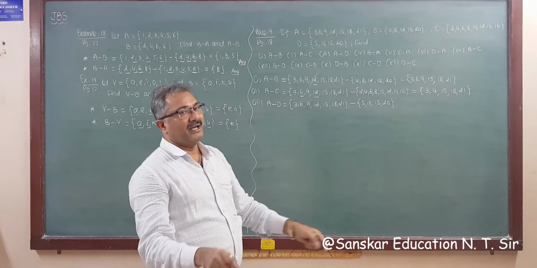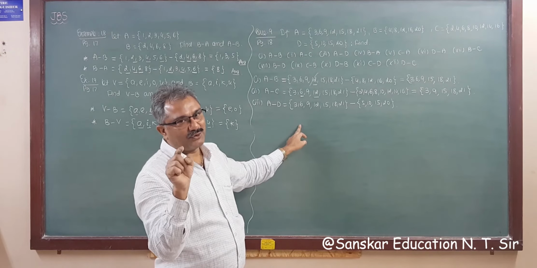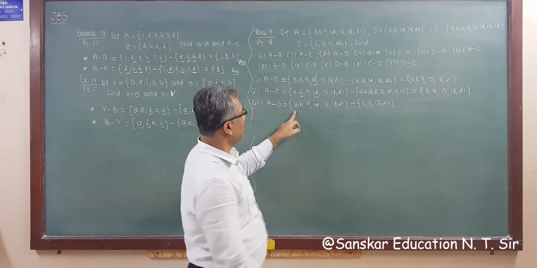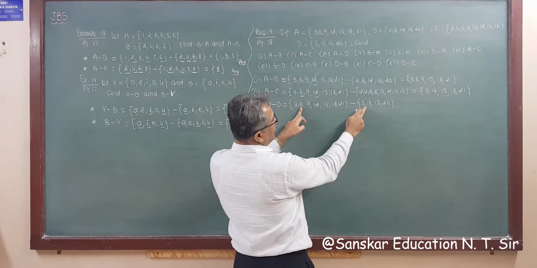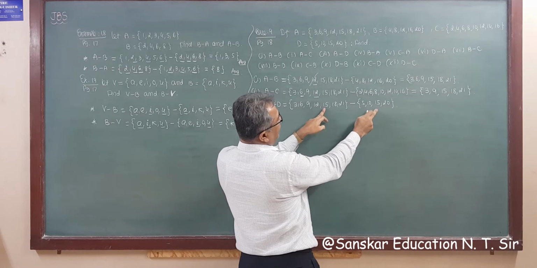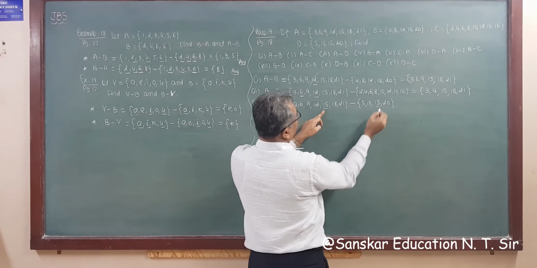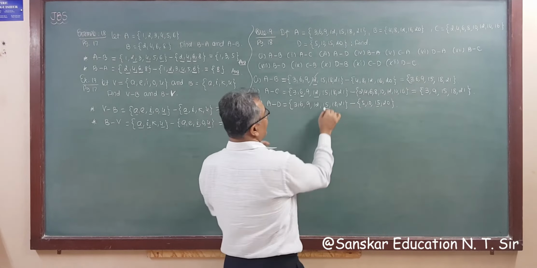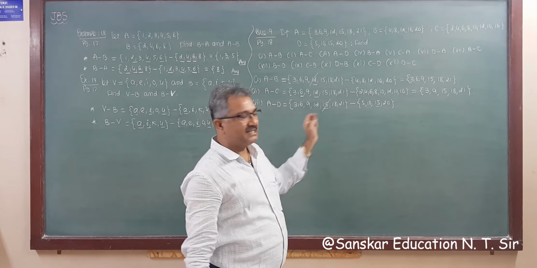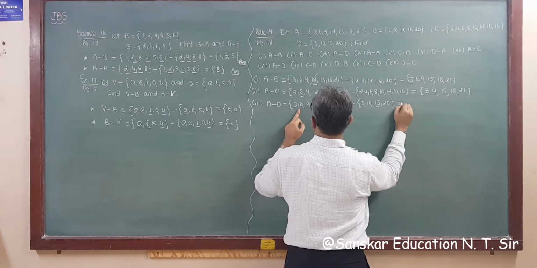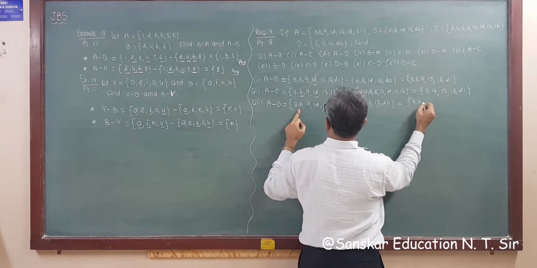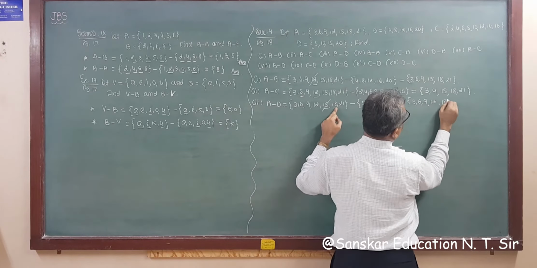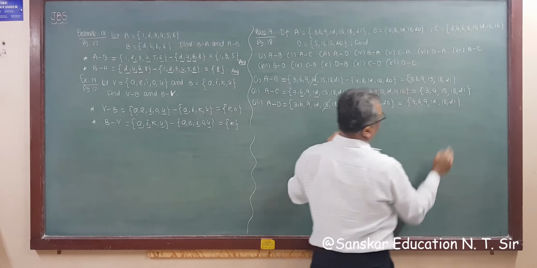A minus D means we have to delete the common elements from the first set. So 3, no; 6, 9, 12, no; 15, yes, 15 is there; 18, 21. So all elements except 15 are the answer. So the answer will be 3, 6, 9, 12, 18, 21.